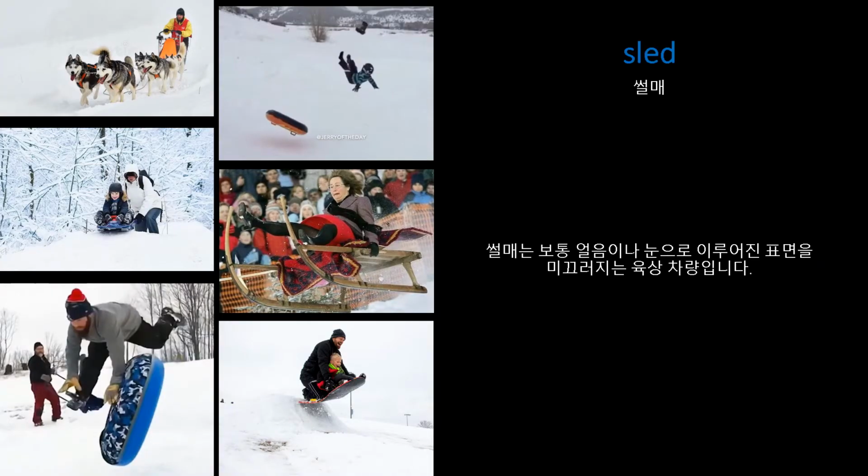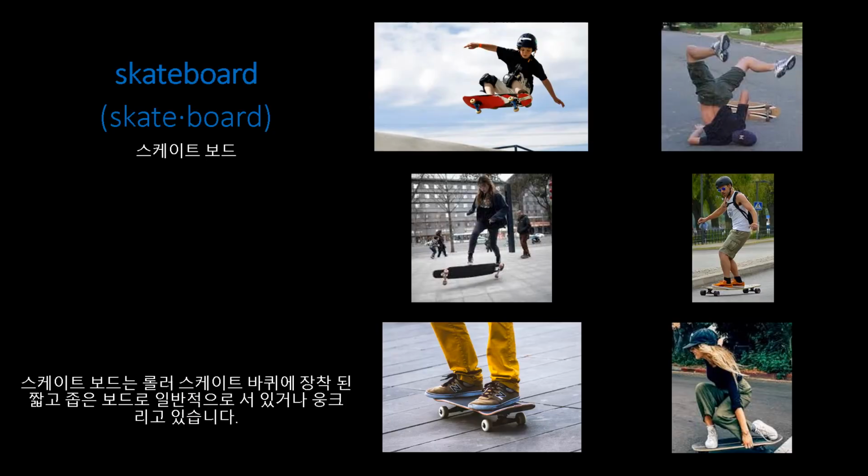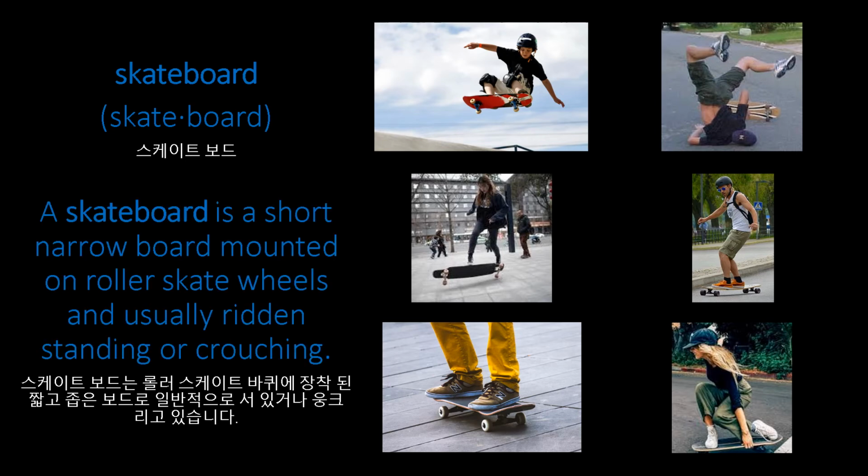Sled. A sled is a land vehicle that slides across a surface, usually of ice or snow. Skateboard. A skateboard is a short, narrow board mounted on roller skate wheels and usually ridden standing or crouching.